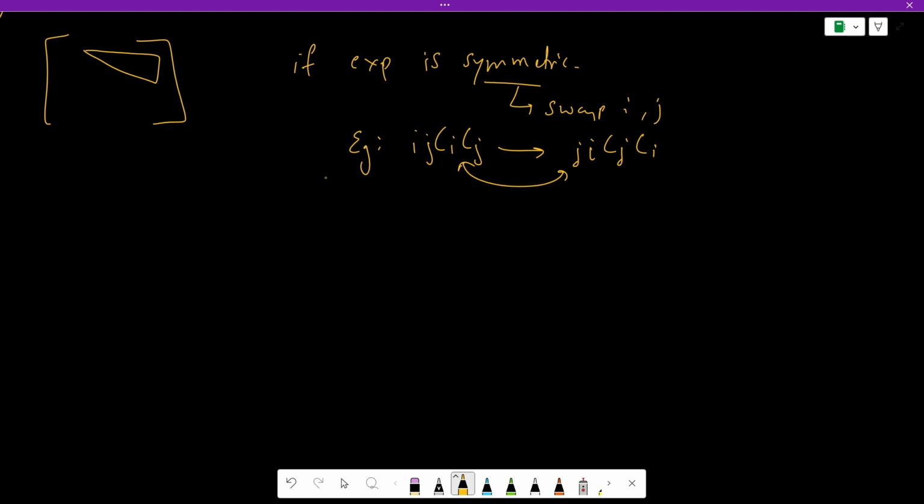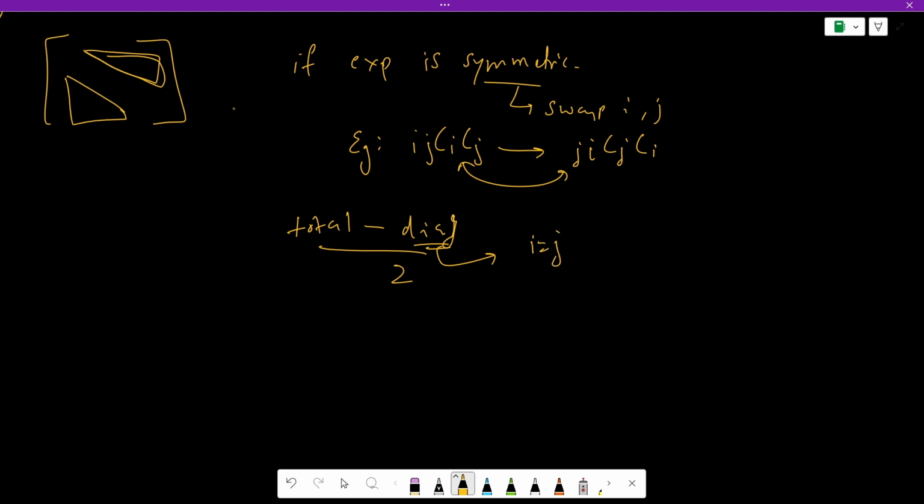So in that case, you can always assume that the lower triangle will be equal to the upper triangle, and you can directly apply the formula, that is total minus diagonal divided by 2. Now this diagonal can be found by just putting i equal to j.